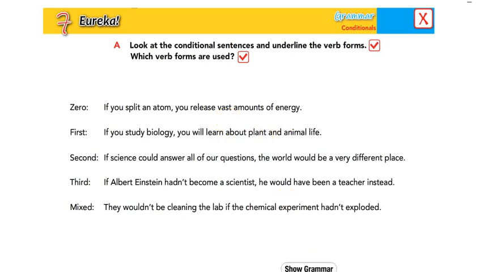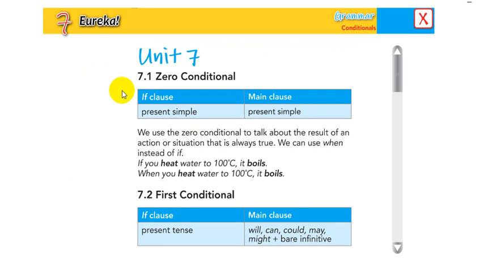So, the zero conditional, the form is if plus present simple, and the second sentence or the main clause we use present simple also. For example, if you heat water to 100 degrees, it boils. When you heat water, it boils. Here, if equals when, so we can replace if using when.